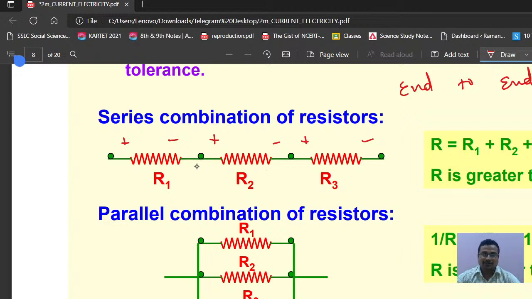The effective equivalent total resistance of resistors connected in series is equal to the sum of the individual resistances, that is R1 plus R2 plus R3. Here the total resistance, equivalent resistance, effective resistance is greater than the greatest of all the resistances.